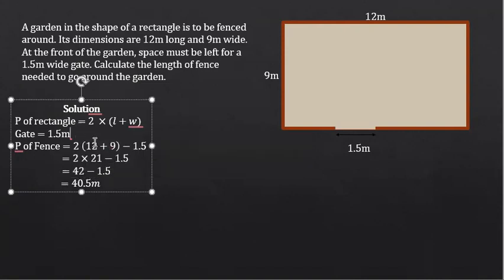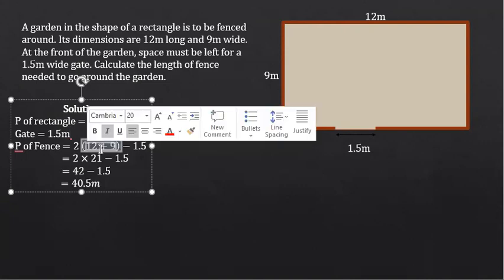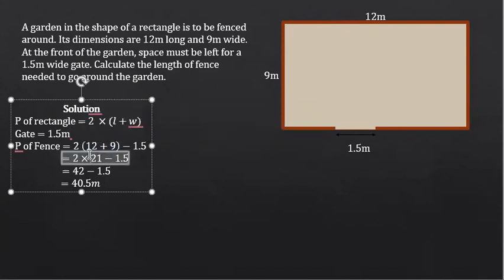Because we had brackets, we had to calculate what was in the brackets before we could multiply, and we got 21. So now we have 2 multiplied by 21, because multiplication comes way ahead of subtraction. We leave this negative 1.5 here, which is another way of saying minus 1.5.